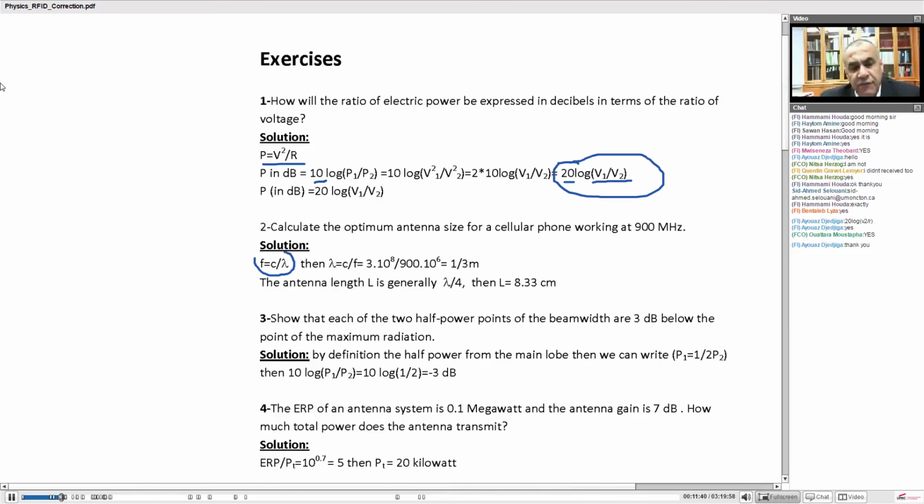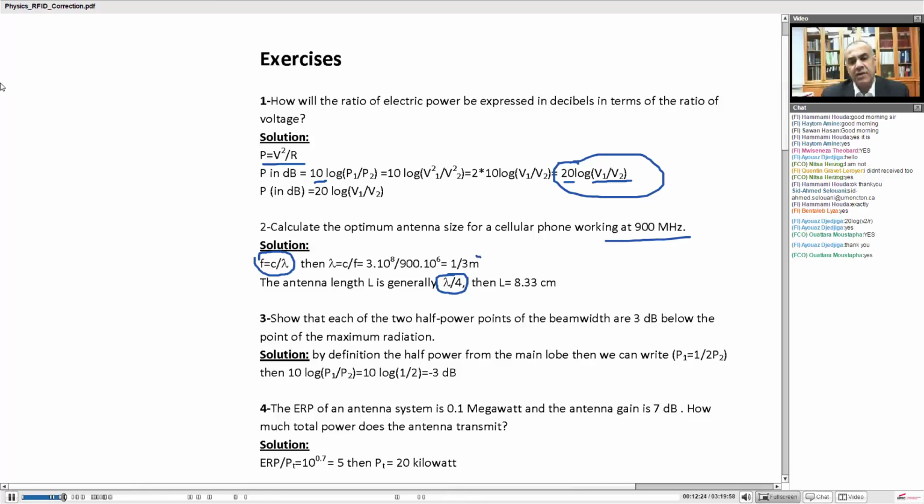You use the formula of frequency and lambda, because you have to determine the lambda, the wavelength of the working frequency, and after determining this wavelength, then you can determine the size of the antenna, because usually the size of antenna is lambda divided by 4. Usually when we ask you to design the antenna, we give you the relationship between the size and the wavelength. For this case, we assume that it's lambda divided by 4, a quarter of lambda.